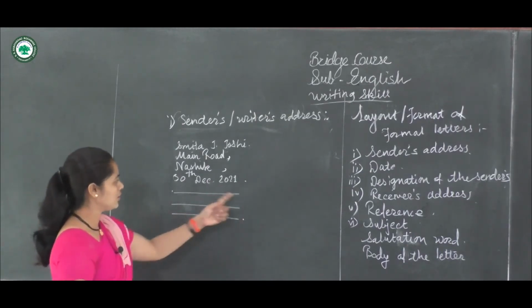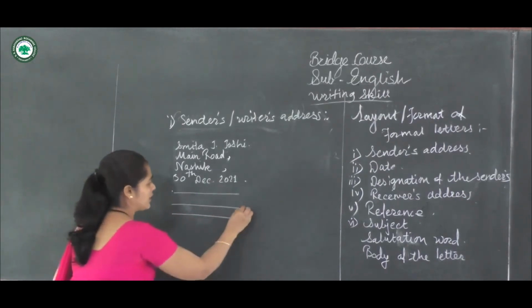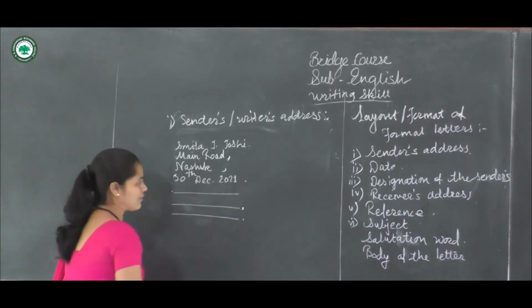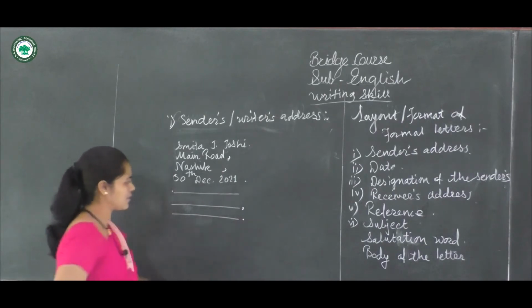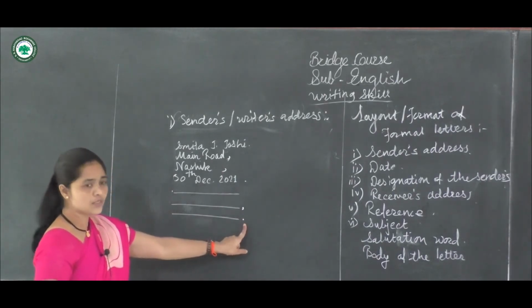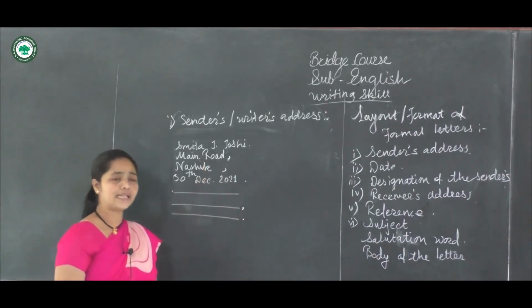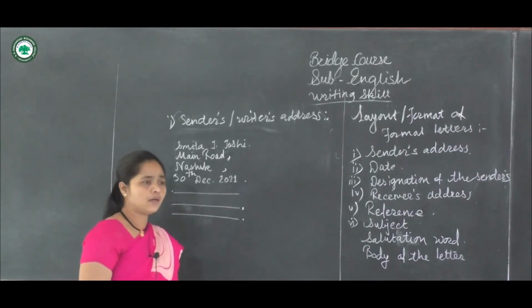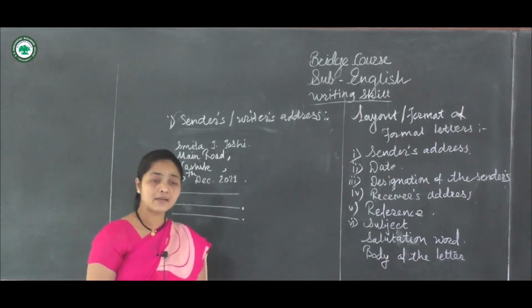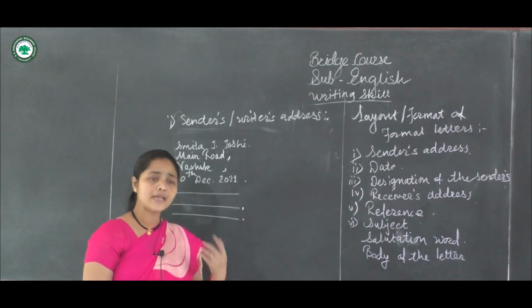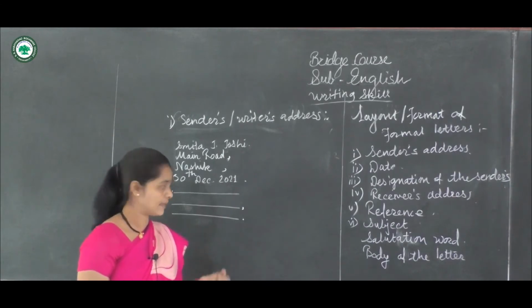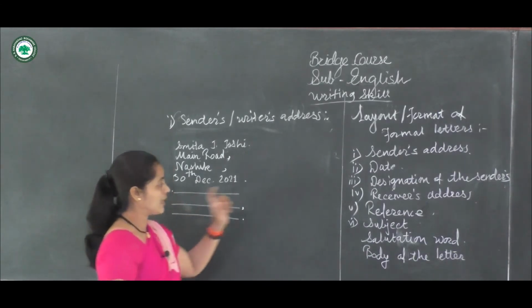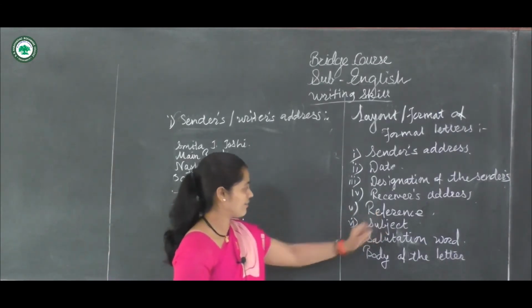Here also you have to put the address of the receiver, comma, and lastly to that address you have to put a full stop. So remember all those things very carefully, because it's a language paper, grammatically we have to be correct, and that's why it will be checked in your examination. That's why it's necessary.